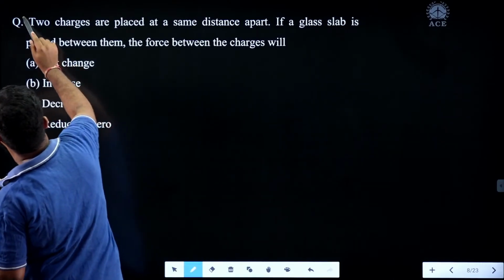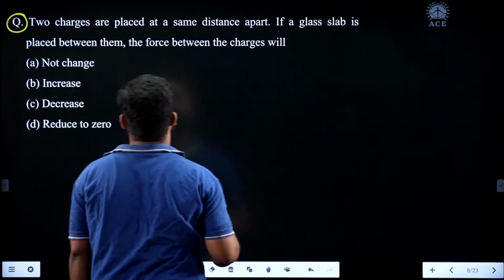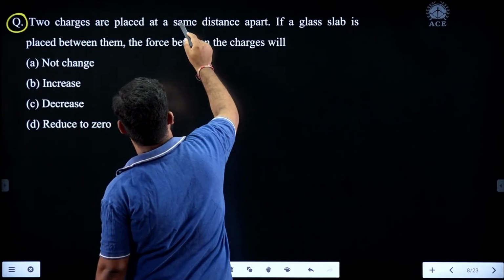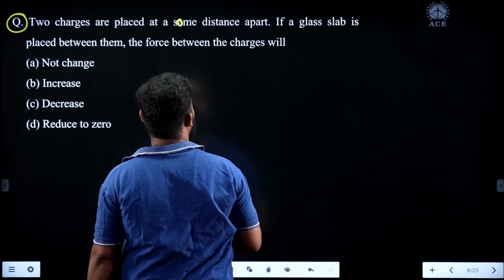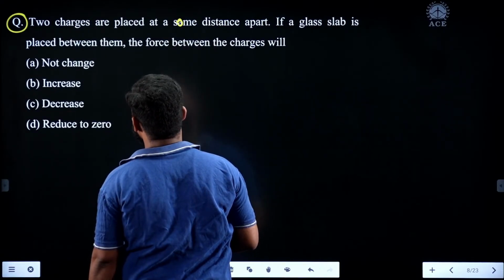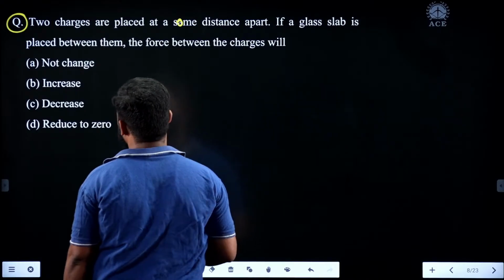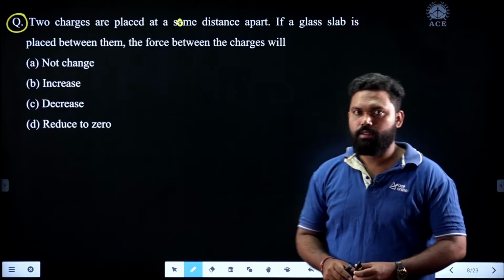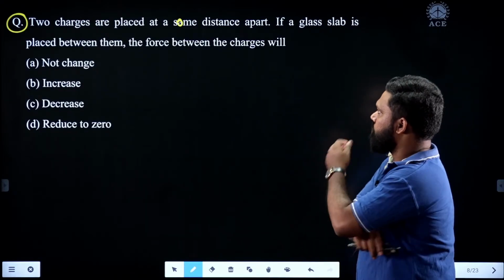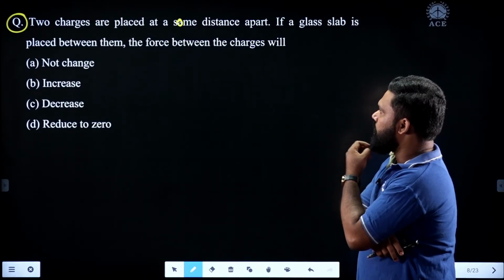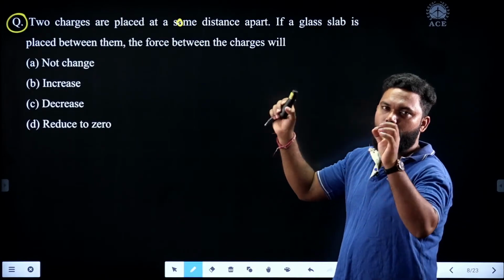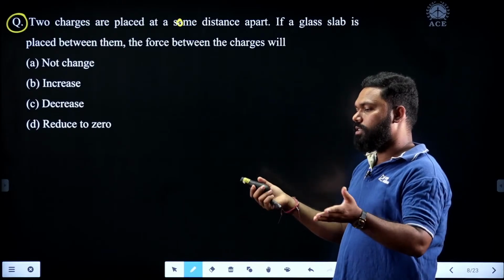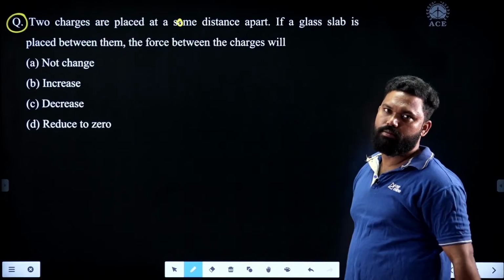Read out the question here. Two charges are placed some distance apart. If a glass slab is placed between them, what happens to the force between the charges? There are two charges, so you have to assume those two charges to be in the air. Now between those charges we are introducing the glass.